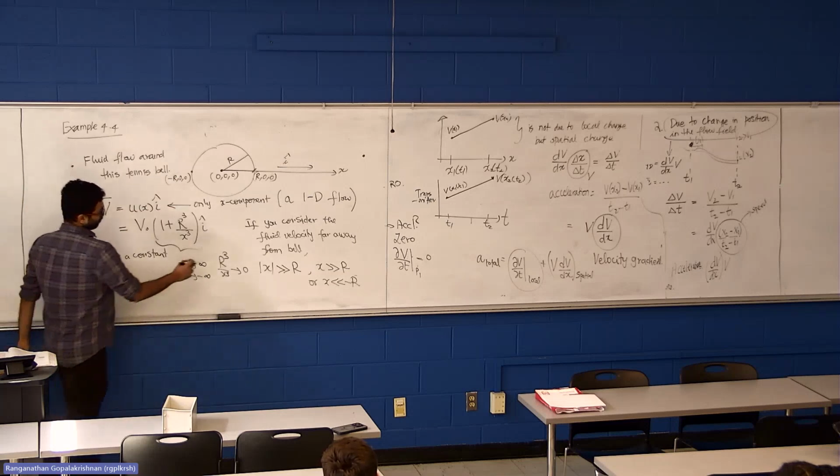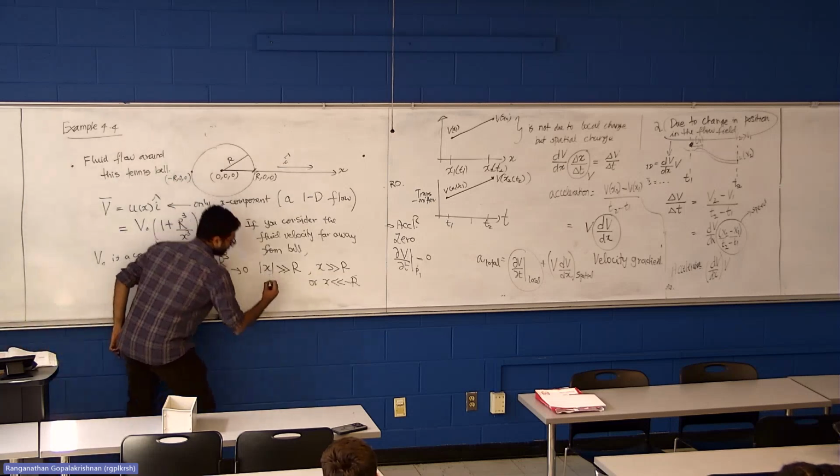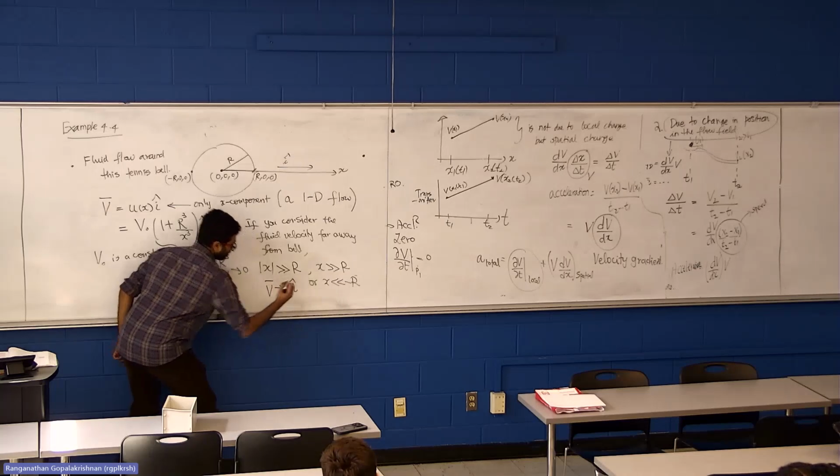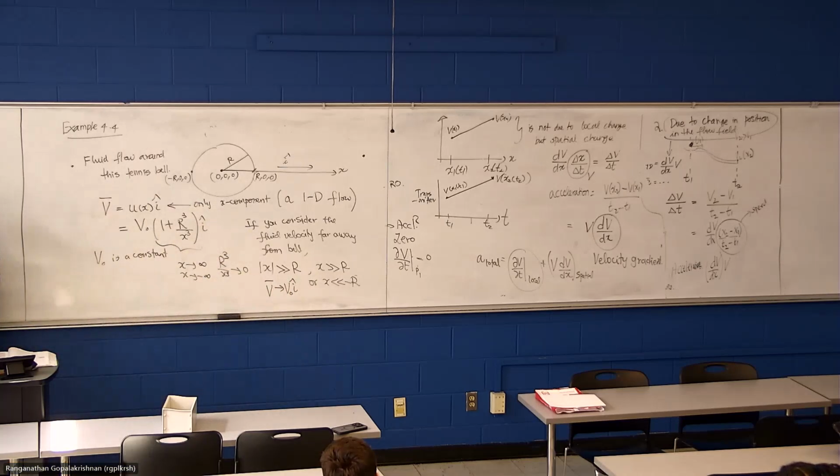So for this faraway point, the velocity approaches V naught i cap. What does that mean? It means far away from the ball, the velocity is just parallel to the x-axis and flowing nice and steady.